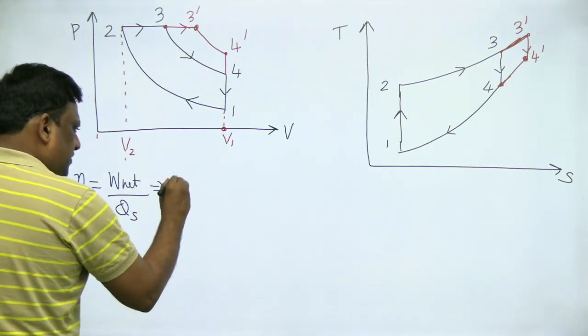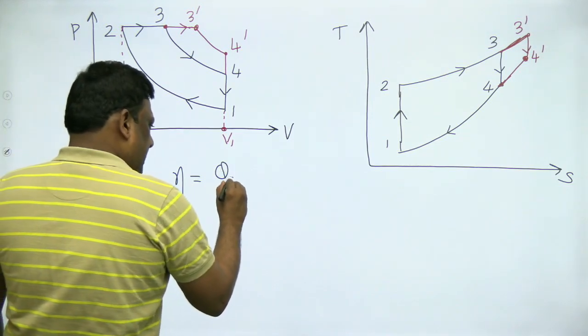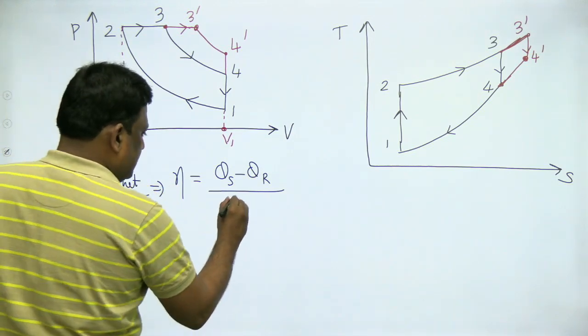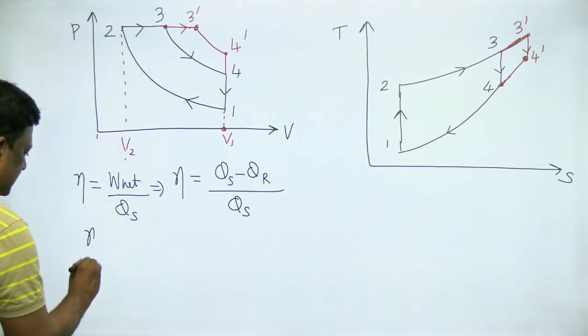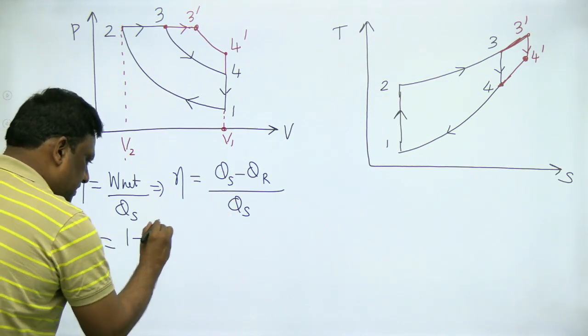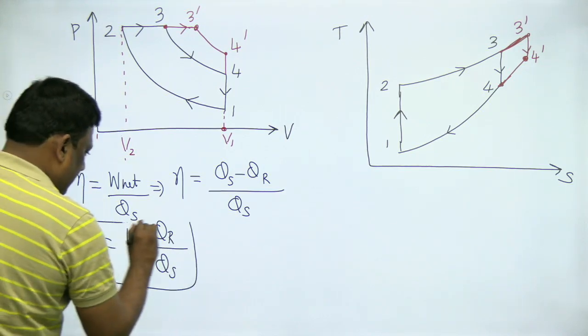From first law of thermodynamics, net work can be written as heat supply minus heat rejection. So efficiency can be written as QS by QS minus QR by QS, that is, 1 minus QR by QS. This is the equation of efficiency.